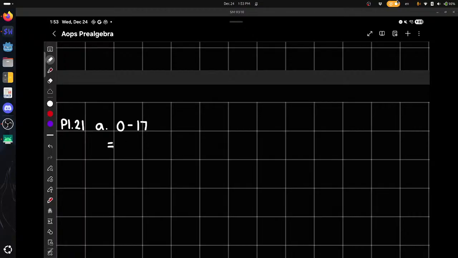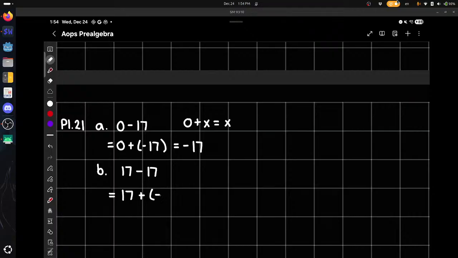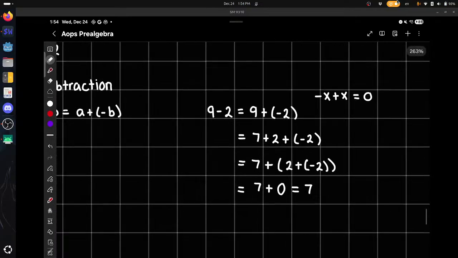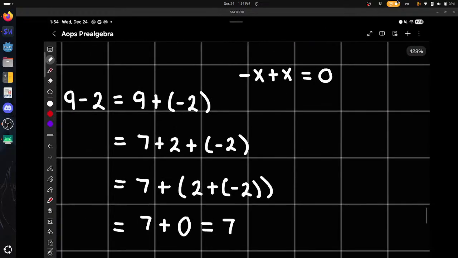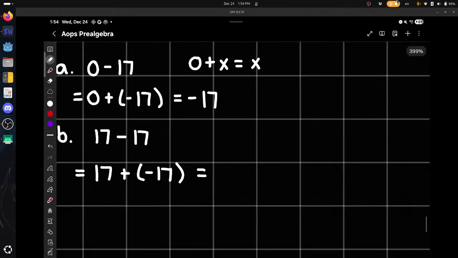Well, using a property that they want us to use, we know that because of the addition property of 0 plus x gives us x, this will just be the negation of 17. B, 17 minus 17, that's really that. And using the property that we've shown above, we know that this result will give us 0.